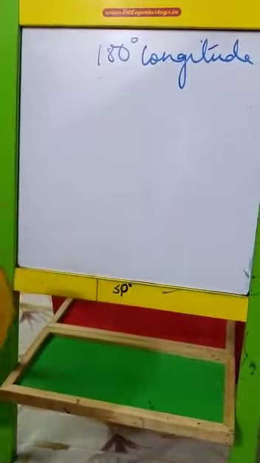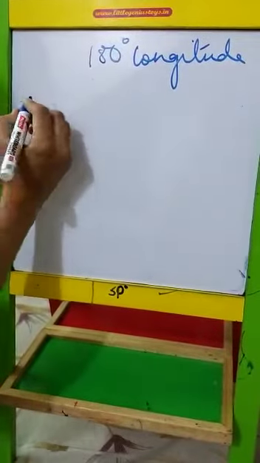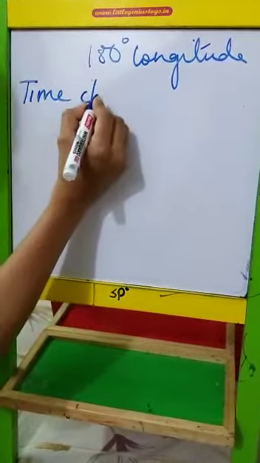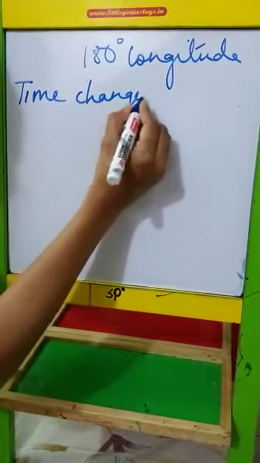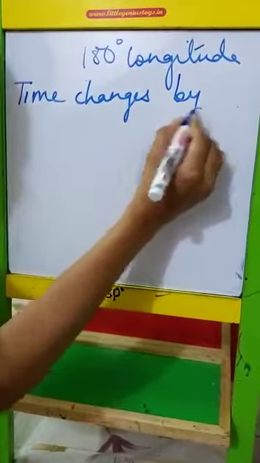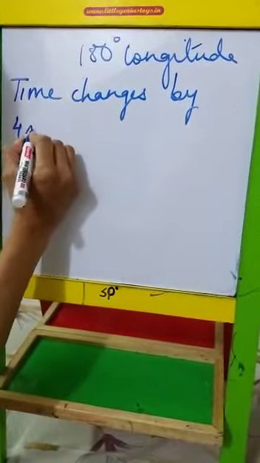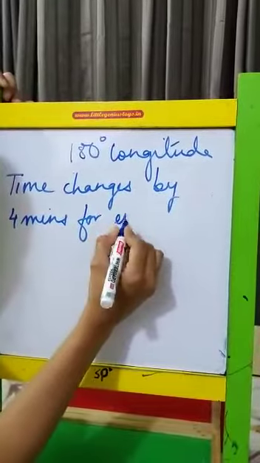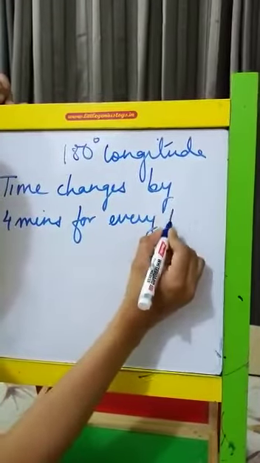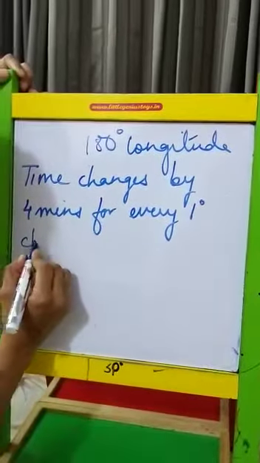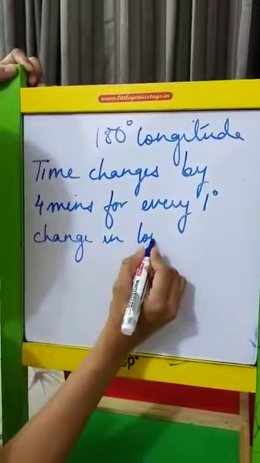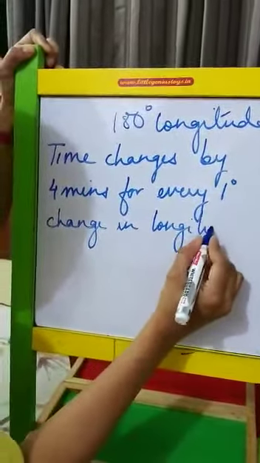And for this, we just need to remember one thing, that time changes by 4 minutes for every 1 degree change in longitude.